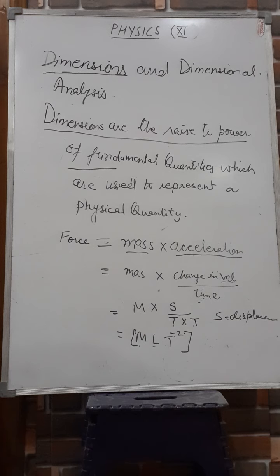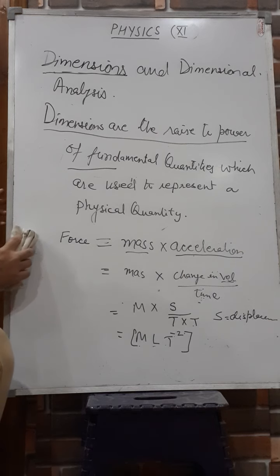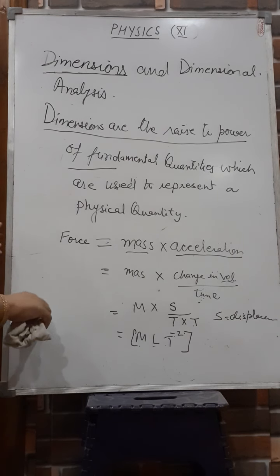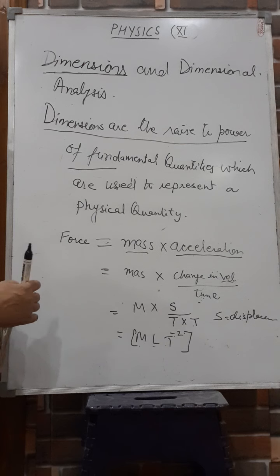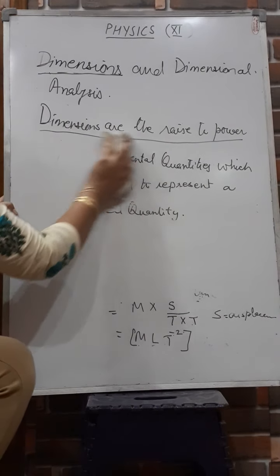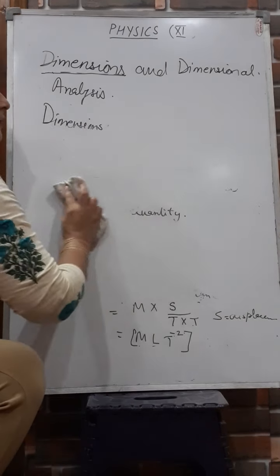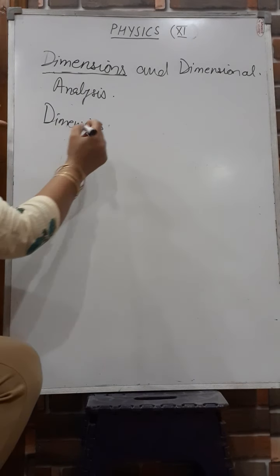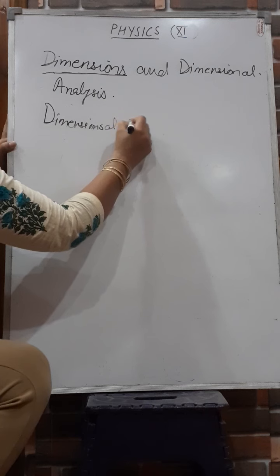Now, what is dimensional formula? Dimensions are the powers to which the fundamental quantities are raised to represent a physical quantity. Dimensional formula comes when we have found the dimensions.